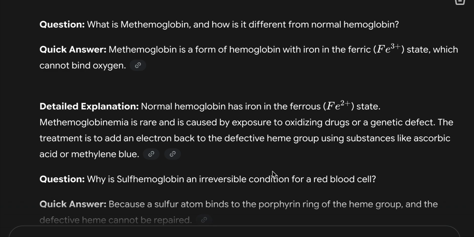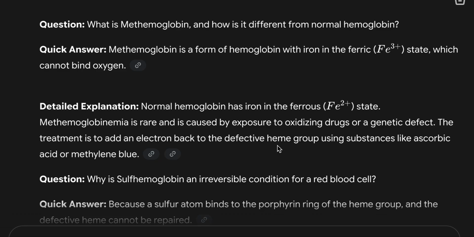Well, Fe2 plus, there are 2 letters in Fe, iron. So that's good and normal. Fe3 plus, there are not 3 letters. So that's not the correct state. Ferrous is good for us.